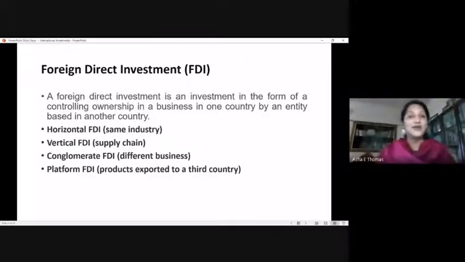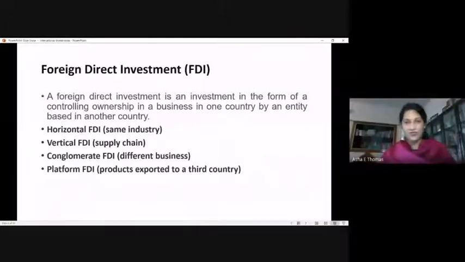Some of it may be floated in the country of production, but the majority will be going to a third country. Such a process will be brought under platform FDI. That is, you are headquartered in one country, your parent, say US, your production process is in some other country, maybe Brazil, then your selling is concentrated in the UK market. This is an example of platform FDI.